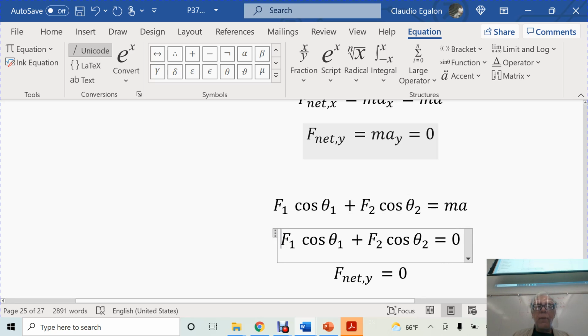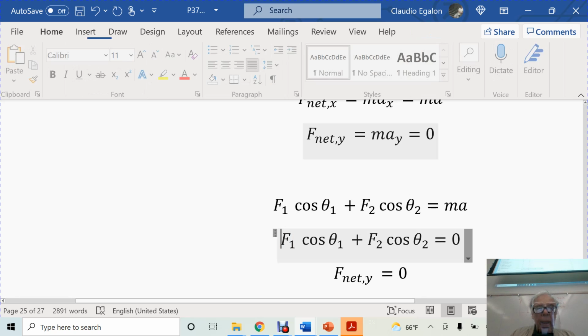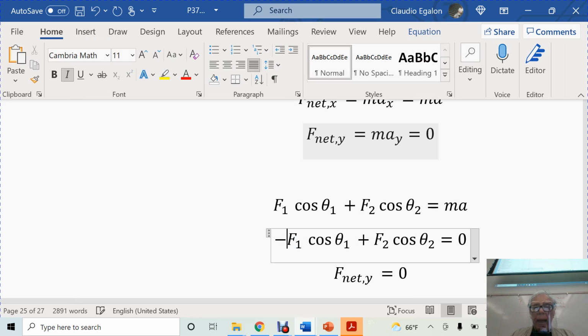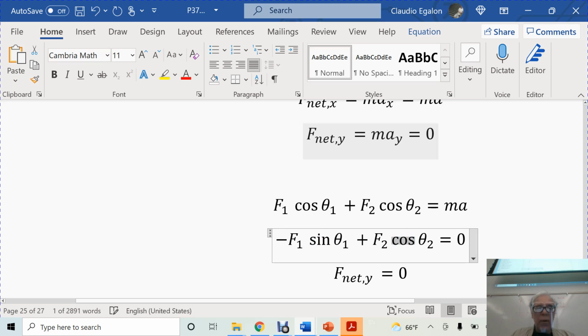Minus F1 sine of theta 1 plus F2 sine theta 2.